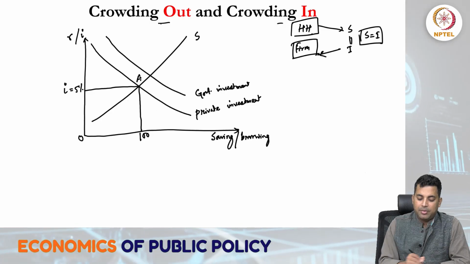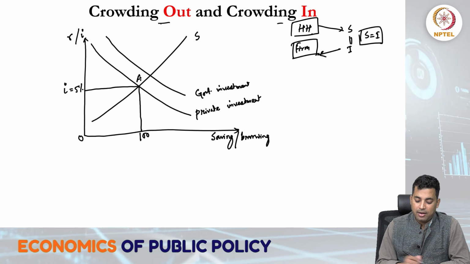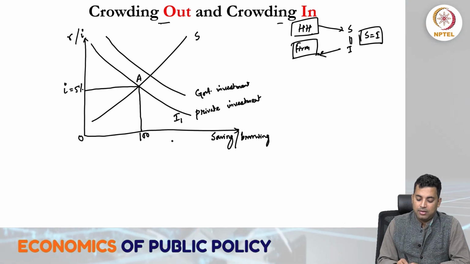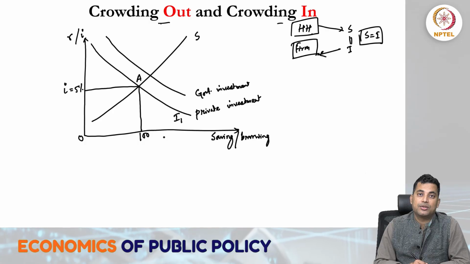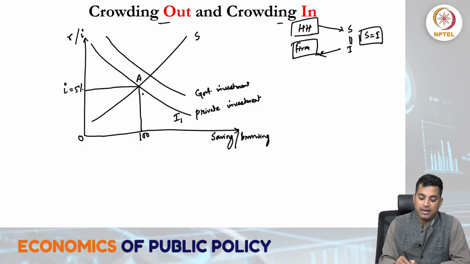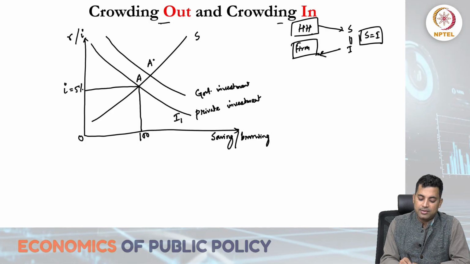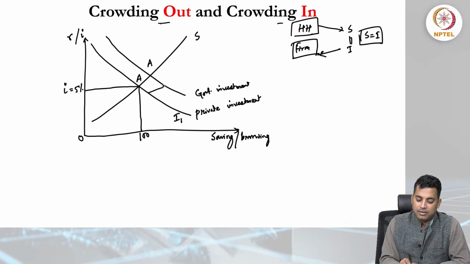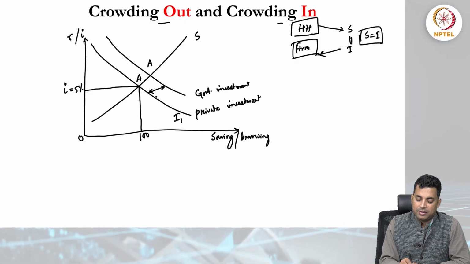and this is one equilibrium, say equilibrium A, where I1 is intersecting total savings at A. Another one is after raising the government's investment.